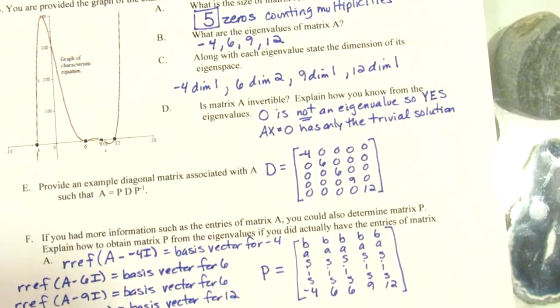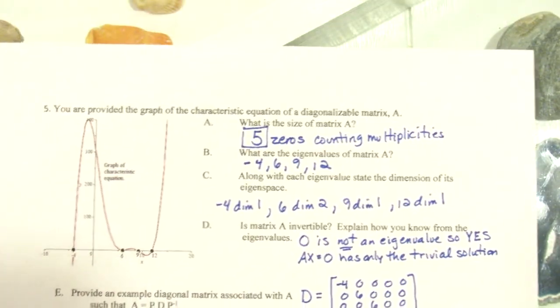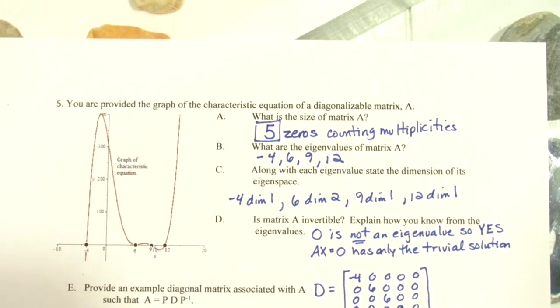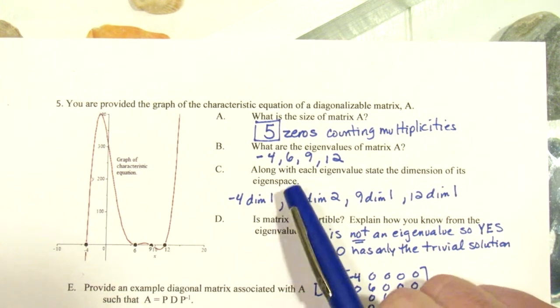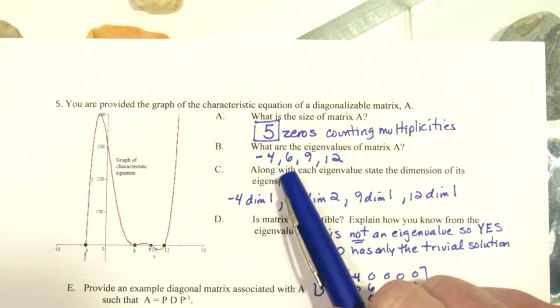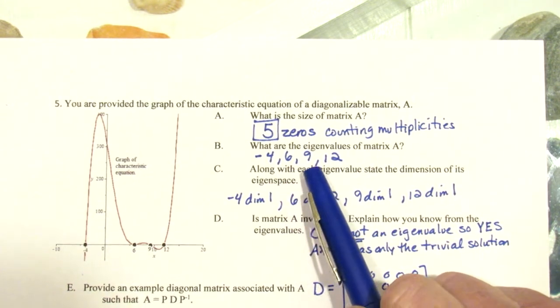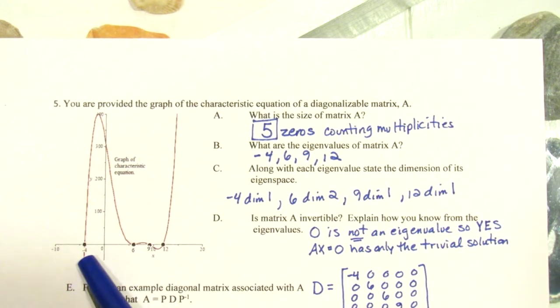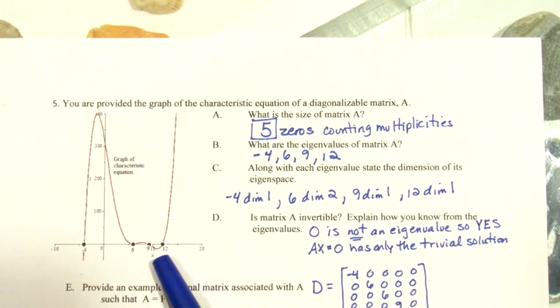Some other questions related to this topic. Again, suppose you have a graph that you know comes from a diagonalizable matrix, and looking at the zeros, we see that -4 is a 0, 6 is a 0, 9 is a 0, and 12 is a 0. So -4, 6, 9, and 12.